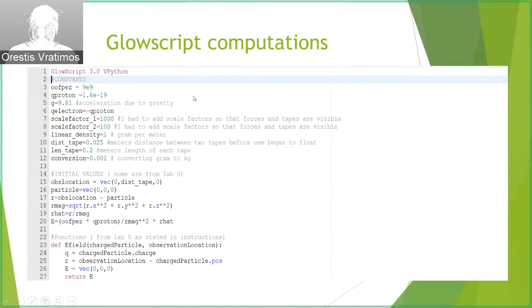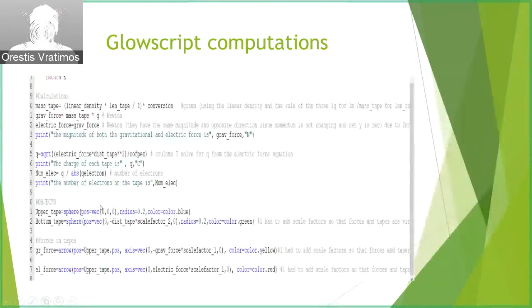We used the GlowScript to do the computations, with the various constants, and we use two scale factors in order for the objects to become visible, and the linear density, all these constants we talked about before. And after that, with the fractions from lab 0 and the initial values, we did the calculations: the mass of the tape using the rule of three as we talked about, and the linear density, and then the gravitational force, the electrical force, and we also calculated the charge.